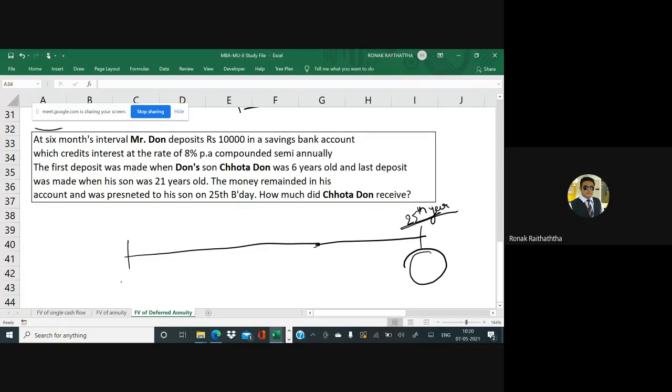The investment will begin at the end of the 6th year when the son would be 6 years old. So the investment will start at the beginning of the 6th year. Say the 6th year is getting elapsed over here. So from here the investment is starting, starting the annuity.